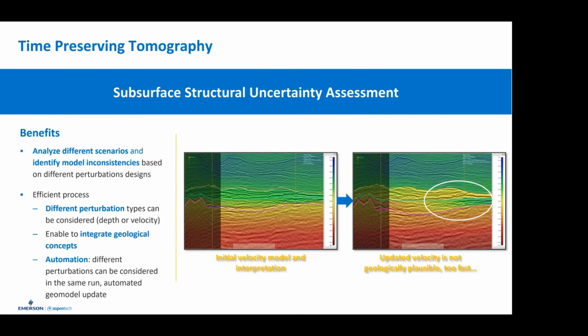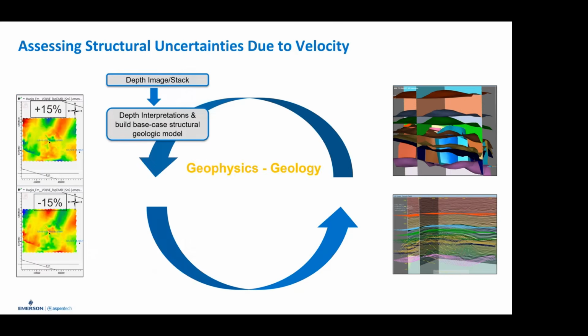Okay, so we talked about using time-varying tomography for minimizing misties, but we can also use it for testing scenarios and for structural uncertainty assessment, so we can analyze different scenarios and identify model inconsistencies based on the different perturbation designs. This is what we are going to talk about now.